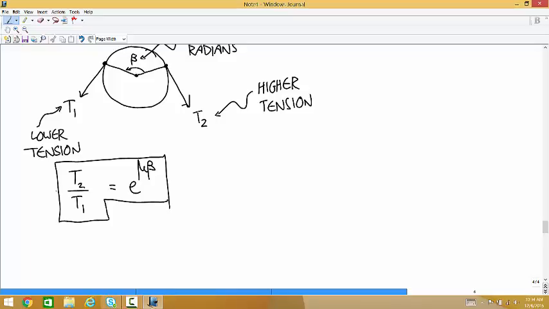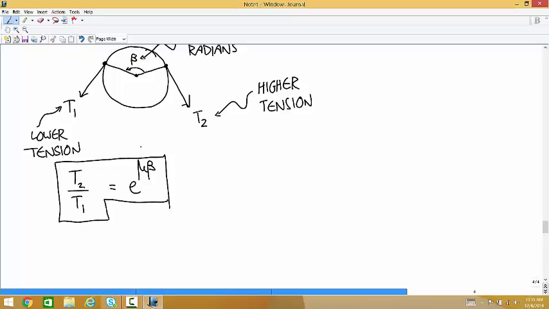And so Rapunzel is trying to reduce T1 as much as possible, right? T2 is fixed. T2 is just the weight of the prince in that problem. But she's trying to make the ratio of T2 to T1 as big as possible. And the way she wants to do that is wrapping it through as big an angle as possible around the pole, which means many times around, several times 2 pi.